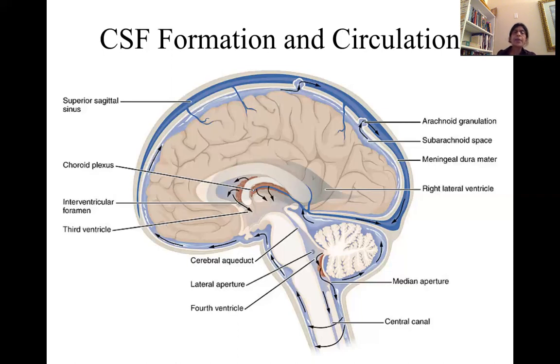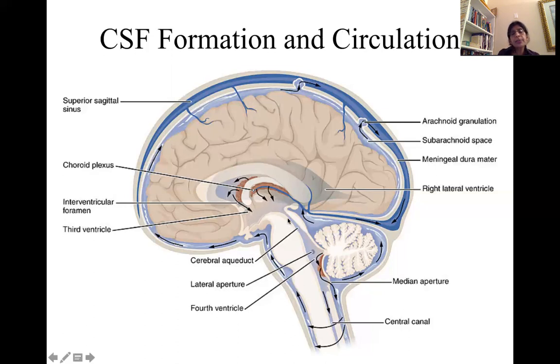So now we have started making cerebrospinal fluid in the lateral ventricles, and it moves through a narrow opening. You're looking at the interventricular foramen, or foramen of Monroe. That is how it gets into the third ventricle, through a tiny opening.